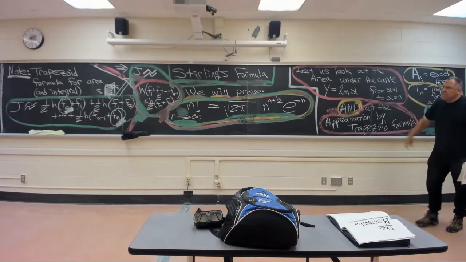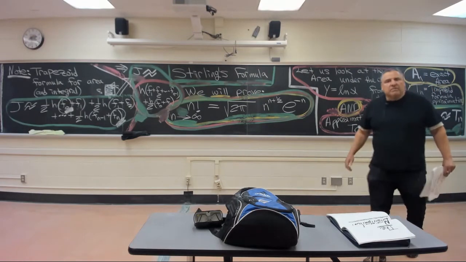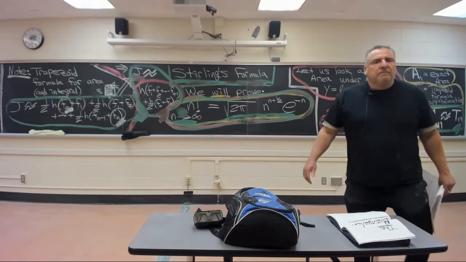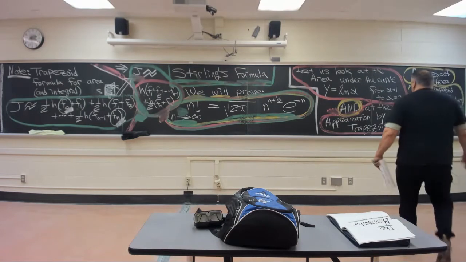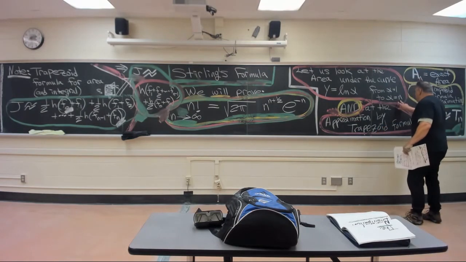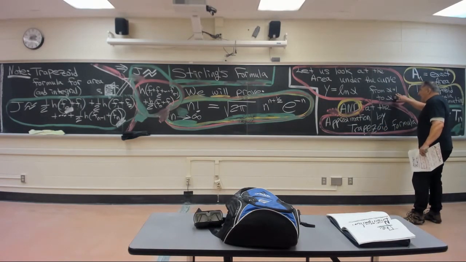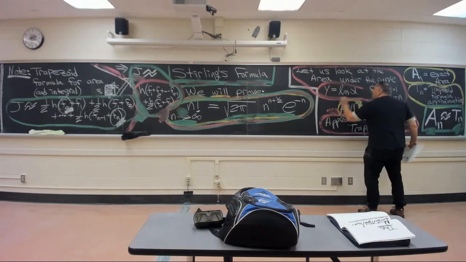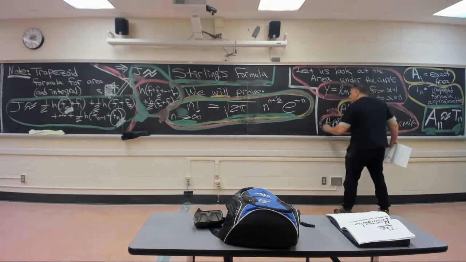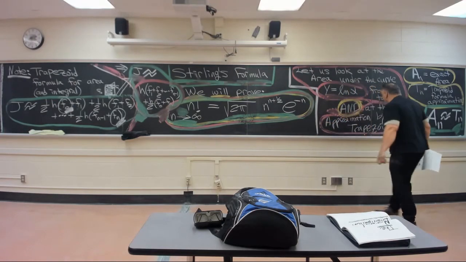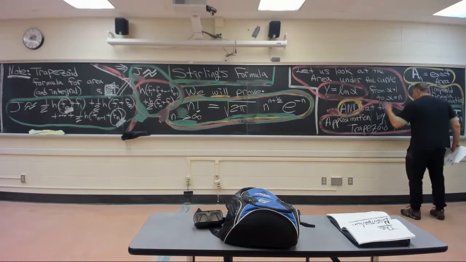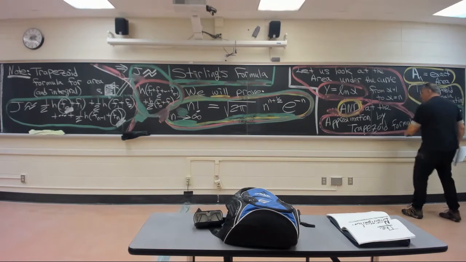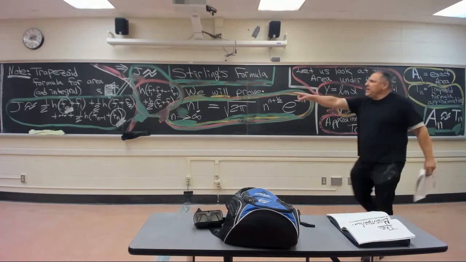N is likely some positive integer, a very big positive integer probably. So x equals n, x equals 1, and we're looking at finding the area under this curve, ladies and gentlemen. And we're going to look at the approximation by the trapezoid formula that I already discussed right here.